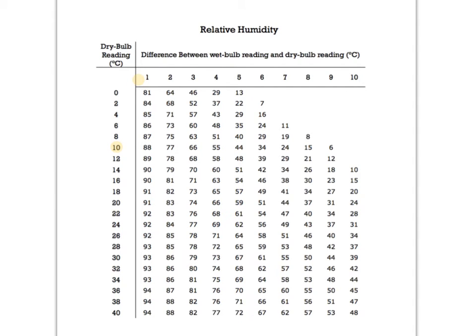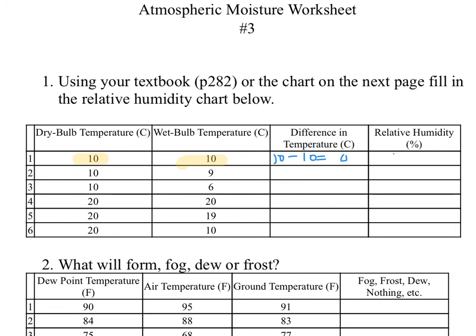No, we would not get evaporation. Therefore, the wet thermometer would not change. So if our wet bulb and dry bulb were identical, no evaporation would change. That means we're at 100% relative humidity. So our relative humidity would be 100%.